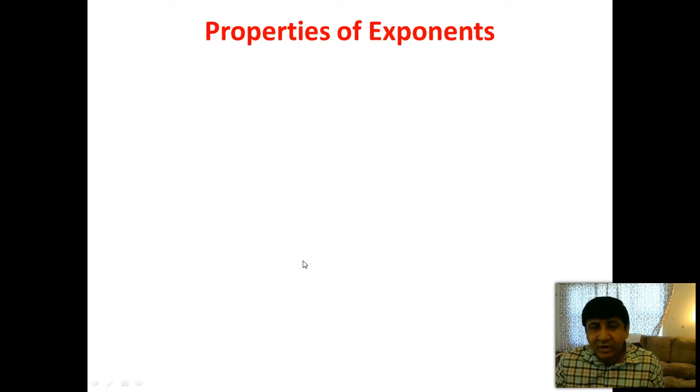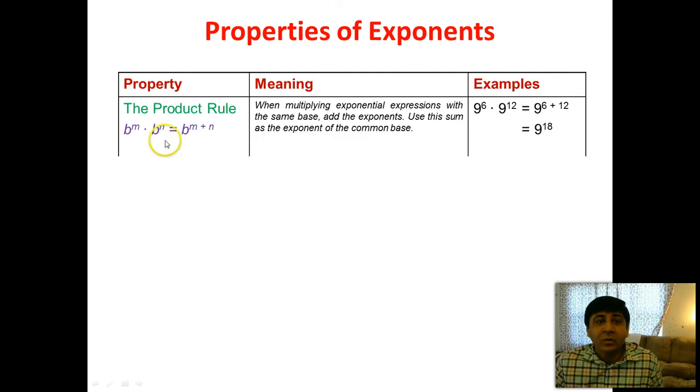Now, since there are exponents involved here, let's start by learning some properties of exponents. If two exponents are multiplied, it's called the product rule for exponents. If you have the same base, for example b to the power m times b to the power n, then we can write it in the same base and the powers add.